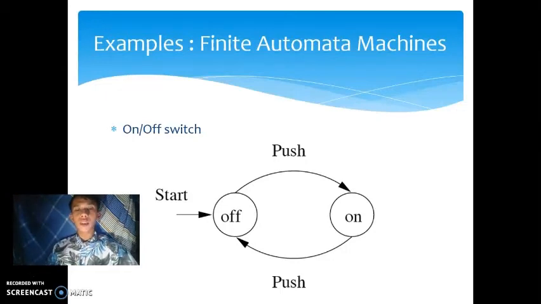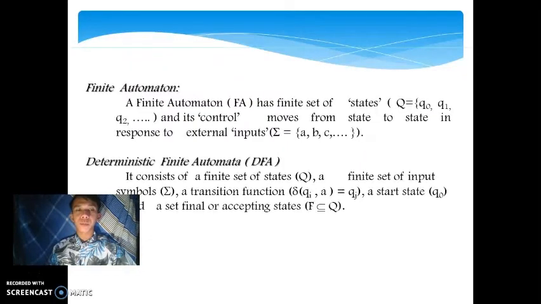When you push the switch, it will create an action or movement from off to on. And when you push the switch again, it will create an action or movement from the on state to the off state.